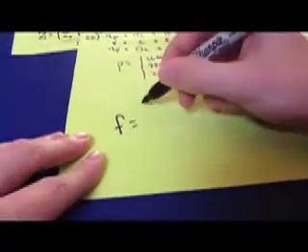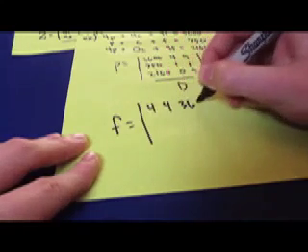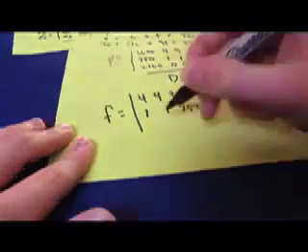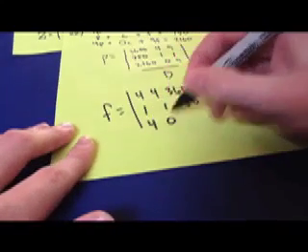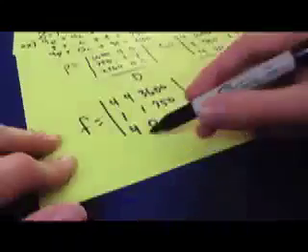To find F, we put in the values 4, 4, 3600, 1, 1, 750, and 4, 0, 2160. Both of these are over D as well.